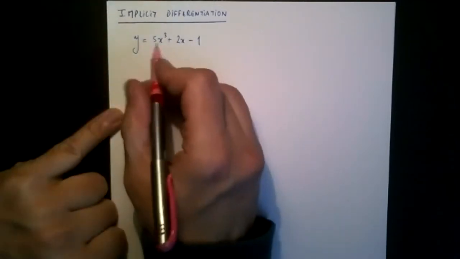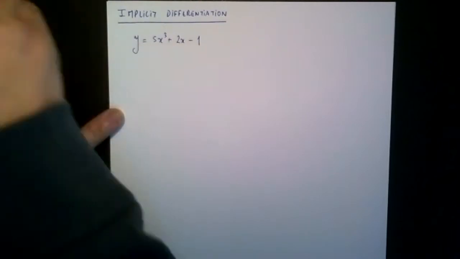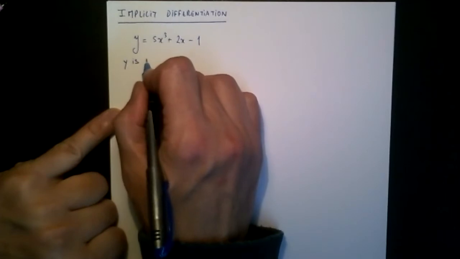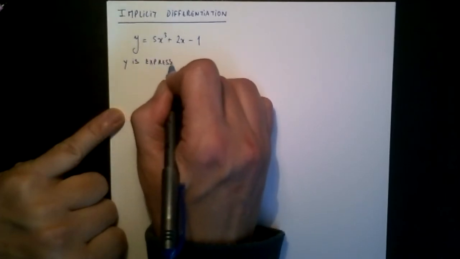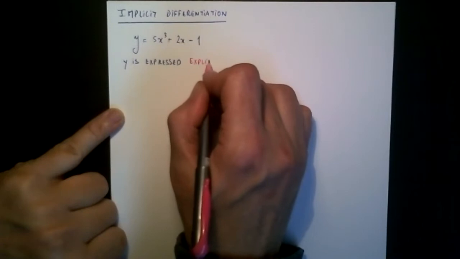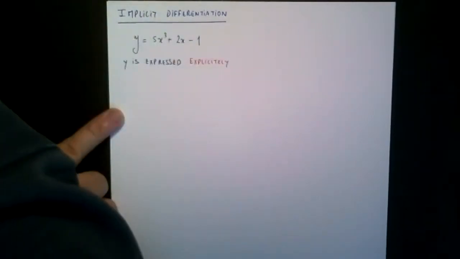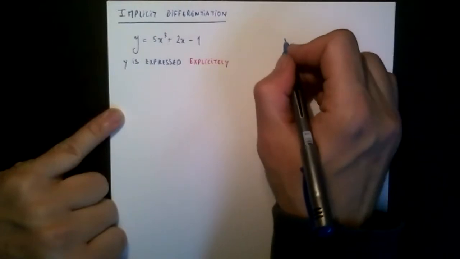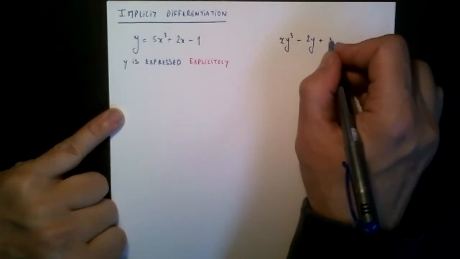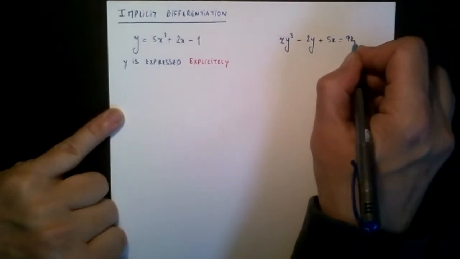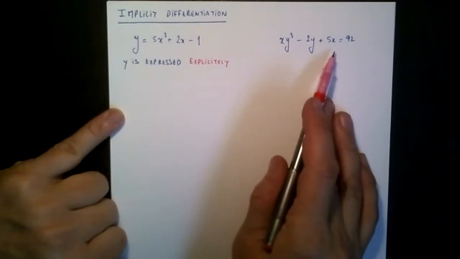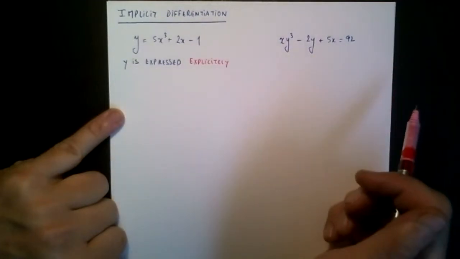So y is expressed explicitly. Well here, if I'm telling you x y cubed minus 2y plus 5x equals 92, there's a relation between x and y in this equation, but now you see that the y and the x are mixed together.